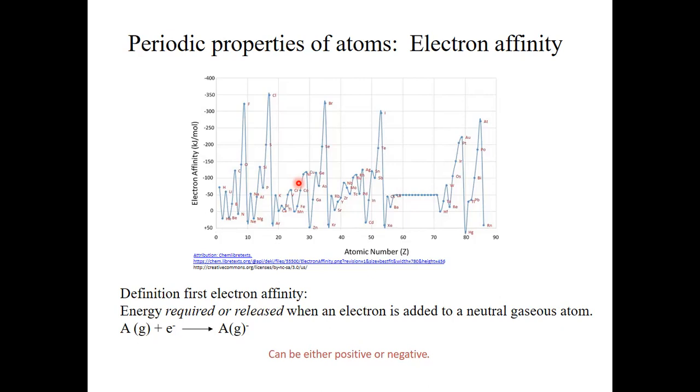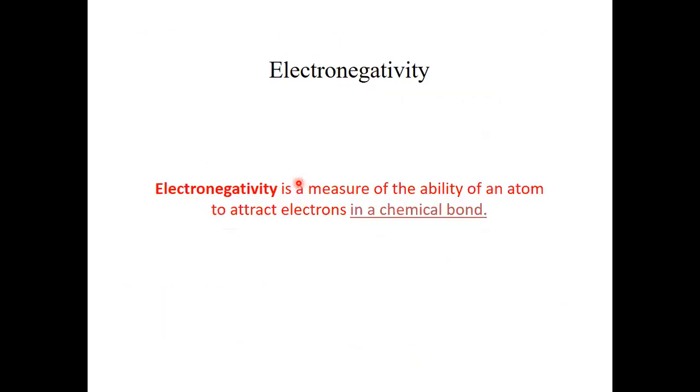All right. Then I wanted to discuss the last periodic property, which is the electronegativity. Electronegativity sounds similar, but is clearly to be distinguished from electron affinity. Electronegativity is the measure of the ability of an atom to attract electrons within a chemical bond.